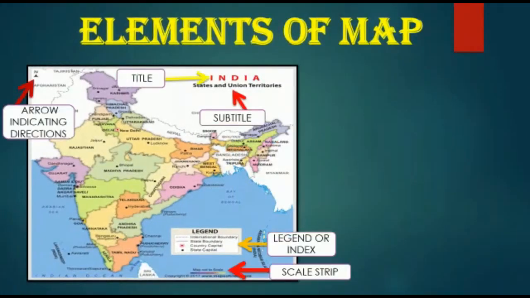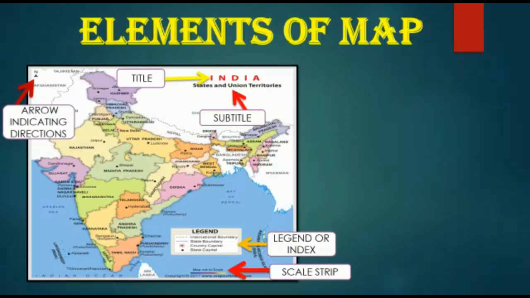Elements of map. Students, as you all know, in last year's standard 8 geography map scale chapter we have studied about the elements of map. Now let's recall once again what they are.